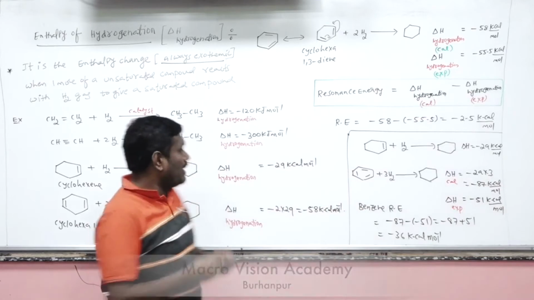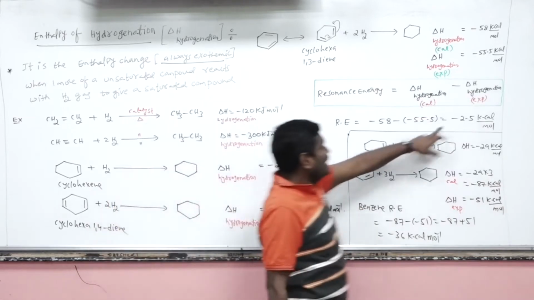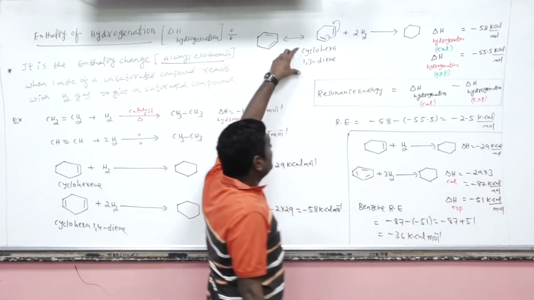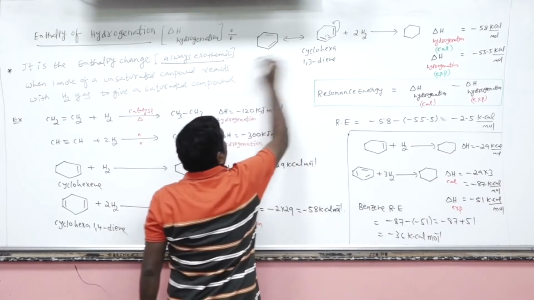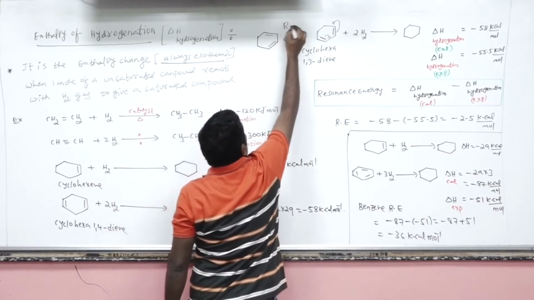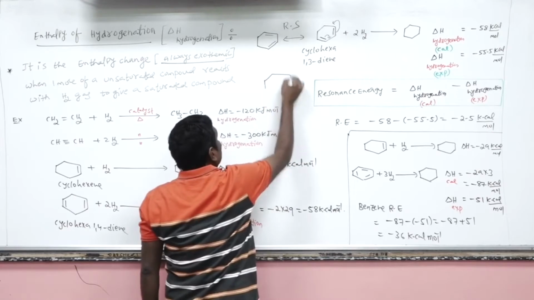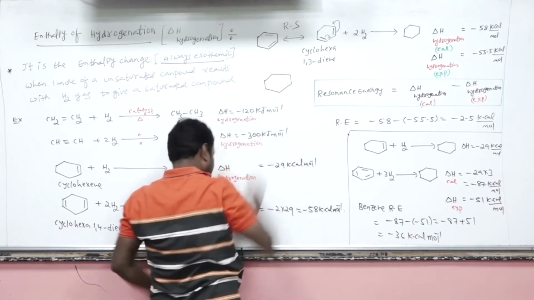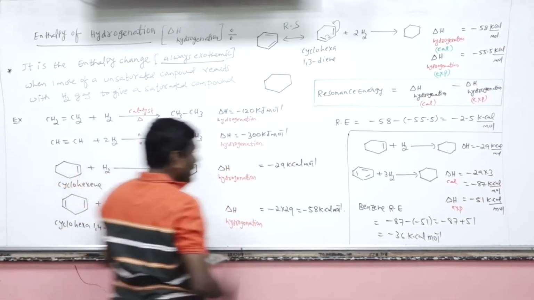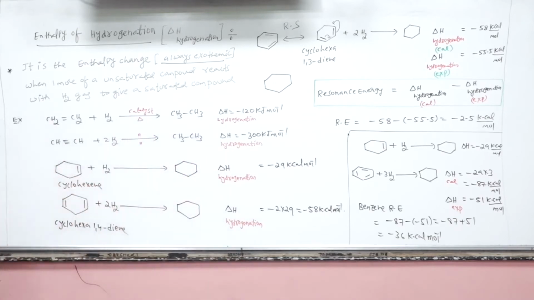cyclohexadiene. Remember, the negative value indicates that these two are resonating structures, RS, but the actual resonance hybrid will be like this. That means the pi bonds will be delocalized.